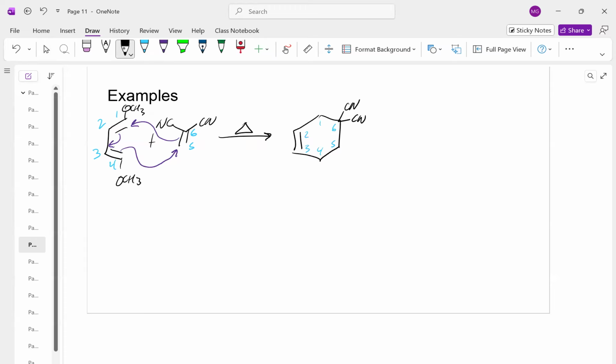But notice how in the diene, there are groups on 1 and 4. So that means I have to put them in a particular position. And I'm just going to erase these real quick. If I draw on the corresponding hydrogens and then use my letters A, B, C, and D, groups A and D should end up cis to each other.